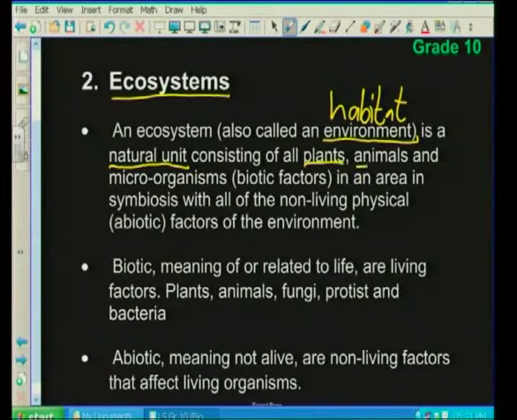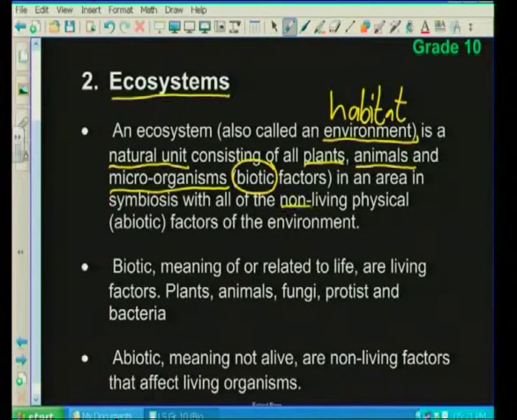All right, so an ecosystem is where we have its own plants, there are animals, there are always little microorganisms. Now remember the word biotic. Plants and animals and microorganisms are living, so it's biotic, and they live in an area. I'm coming back to that with symbiosis, with all the non-living.